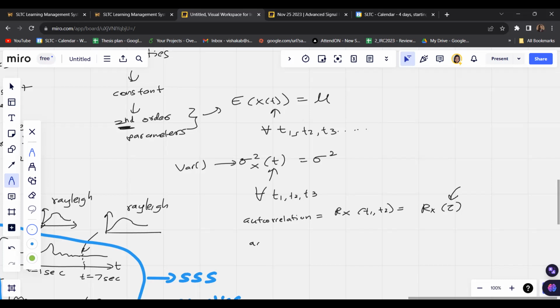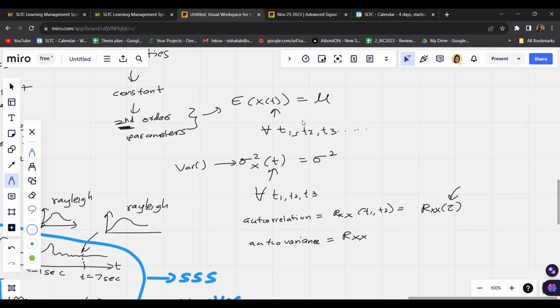And then autocovariance value is defined. I think we defined this earlier as well, which is defined by the difference involving the autocorrelation value. When we are writing the autocorrelation value, we can write two x values in here to show that there are two signals under consideration.